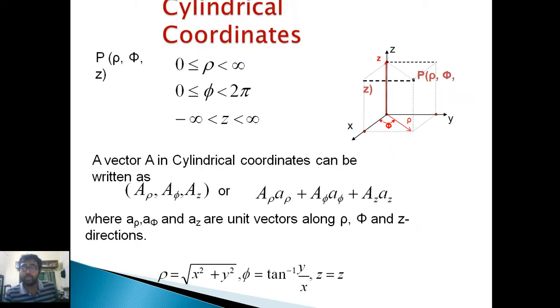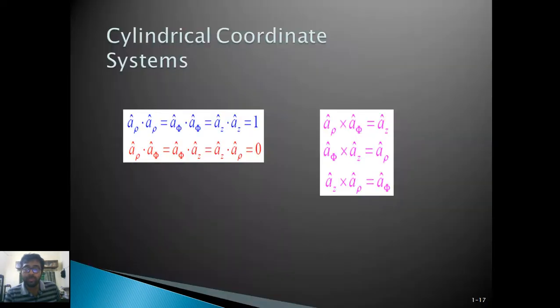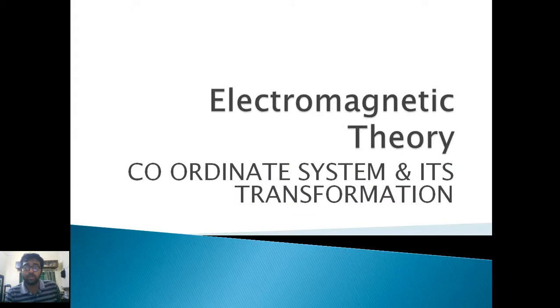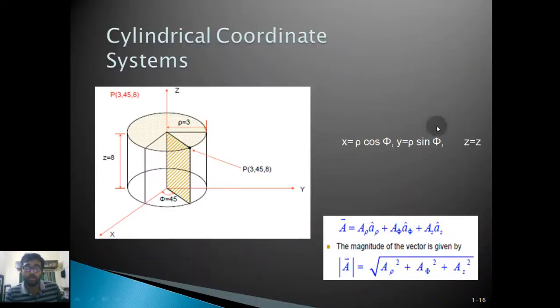Now if we take a close look, we go back to this cylindrical coordinate system, where we are going to describe how the relationship has been established. This is the value of rho.